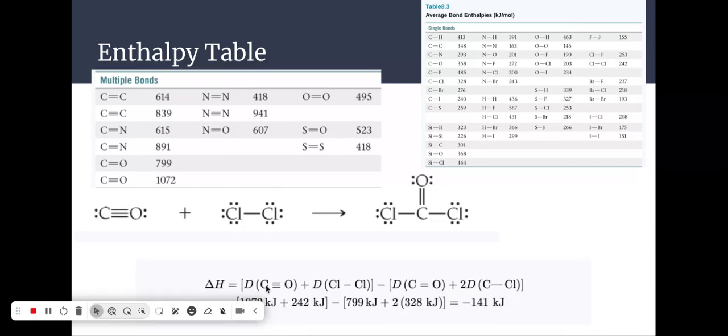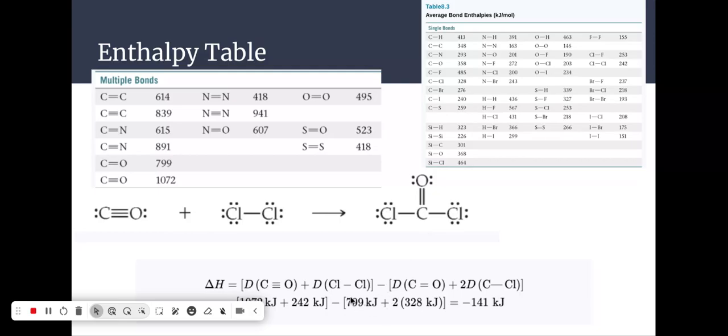Okay, so the answer is negative 141 kilojoules. You get this by adding up the triple bond between the carbon and oxygen, and then the single bond between the chlorines, which is 1072 plus 242. You're going to have that sum, and then you're going to subtract the double bond between oxygen and carbon, which is 799.